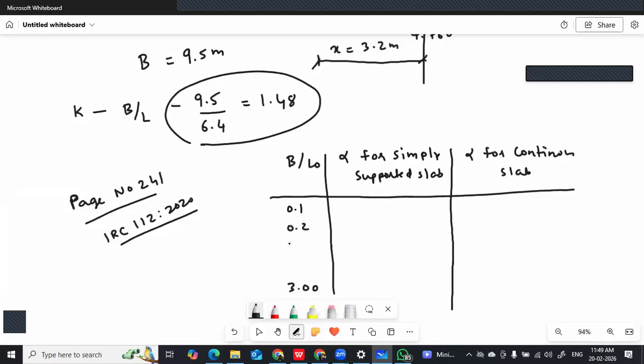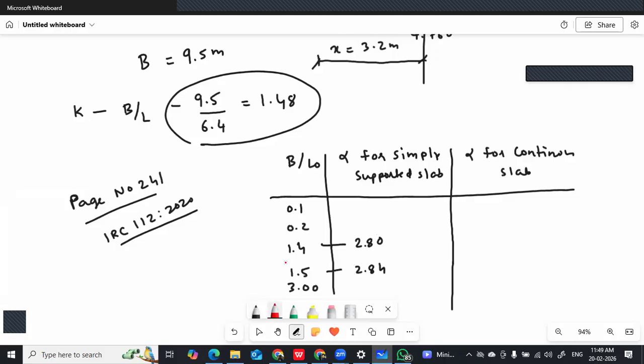So here they have given the values, and our value is 1.48, which means we need to see between 1.4 and 1.5. For 1.4, the K value for simply supported is 2.80. For 1.5, the K value is 2.84.